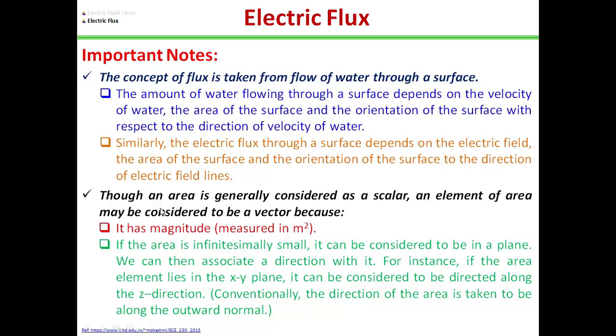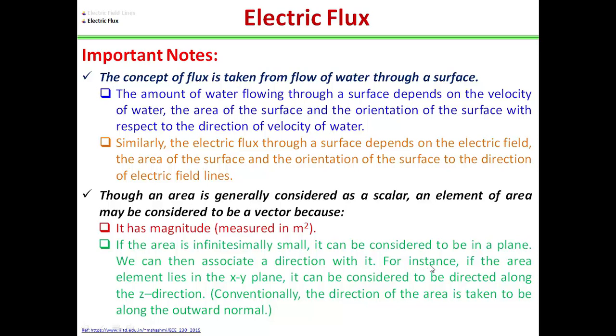As we know, an area is generally considered a scalar, but an element of area is a vector because it has both magnitude as well as direction. In general, an element of area is infinitesimally small and it is considered to be in a plane. Then we can associate a direction with it.